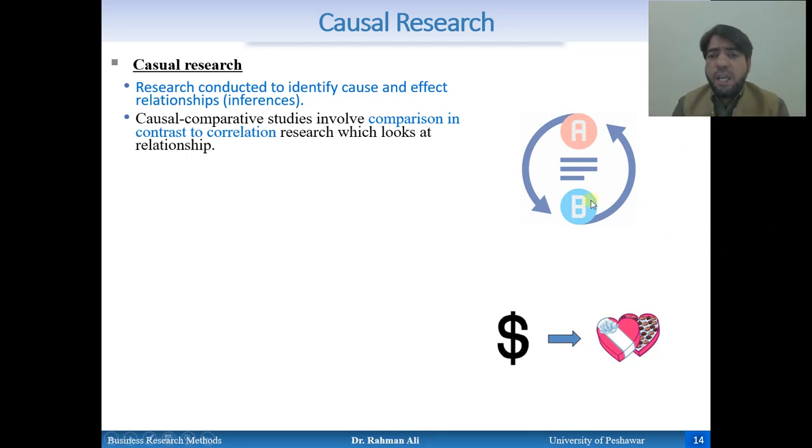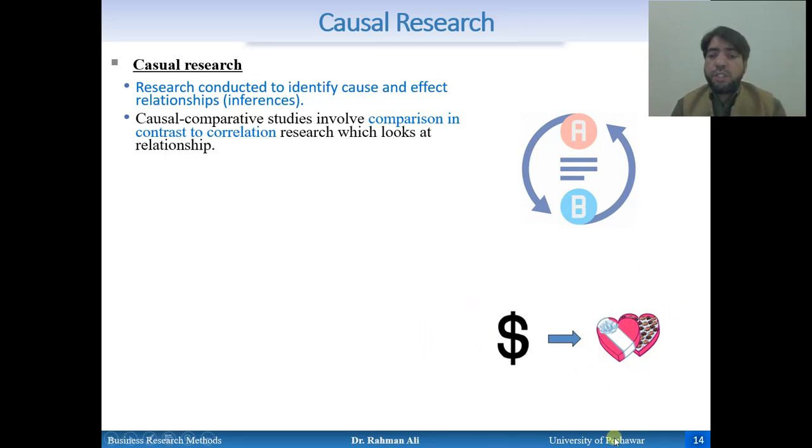Causal research tells you that if there is one event, how it will affect another, how B is affected by causation in A. So if there is any cause, there will be an impact, and if there is any cause in B, it will impact A. So this kind of relationship can be found and determined in causal research.